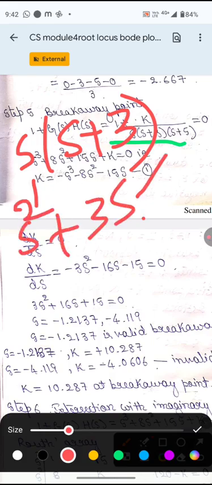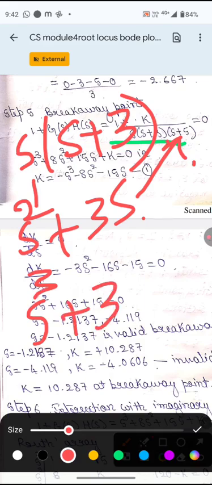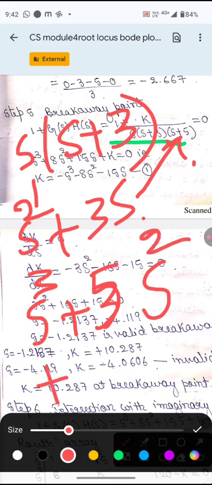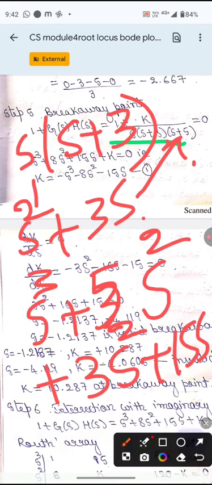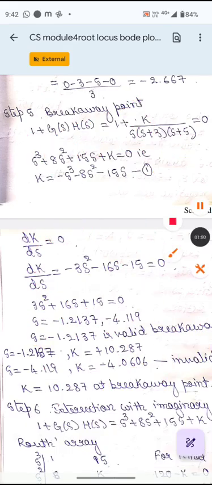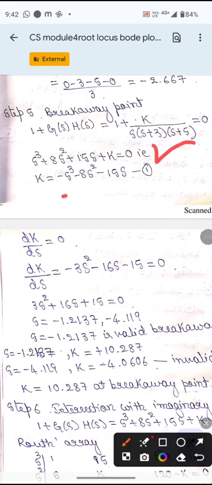Multiply this with s plus 5: you get s cube plus 5 s square, plus 3s into s, so 3 s square, plus 3s into 5, 15s. So s cube plus 8s square plus 15s. That is what we have written here, and k is equal to minus s cube minus 8s square minus 15s.